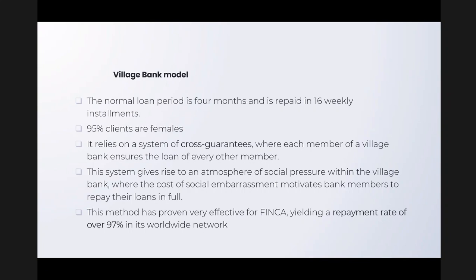So because of social pressure and embarrassment, every borrower that borrows from the microfinance institutions feels social embarrassment and pressure to repay that amount of loan. This method has proven very effective for Finca, yielding a repayment rate of over 97% in its worldwide network. So the recovery rate of the Finca model is around 97%.